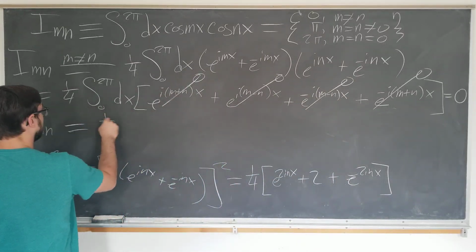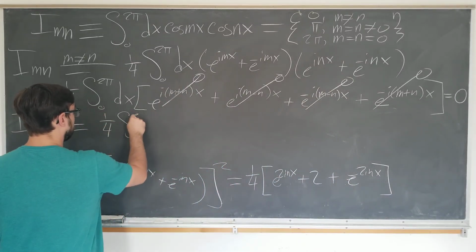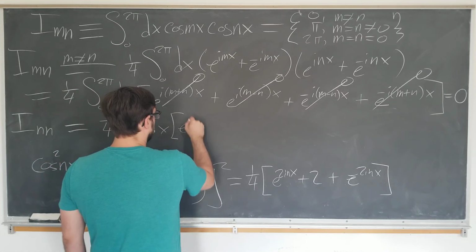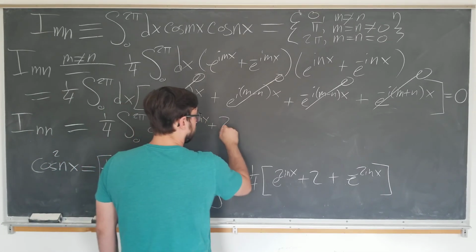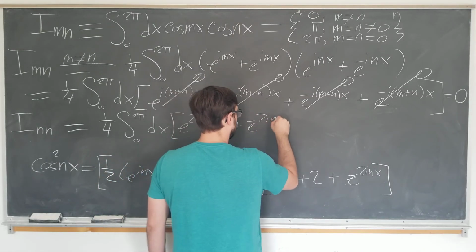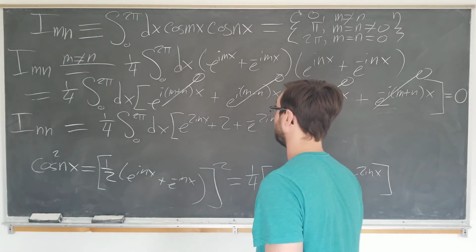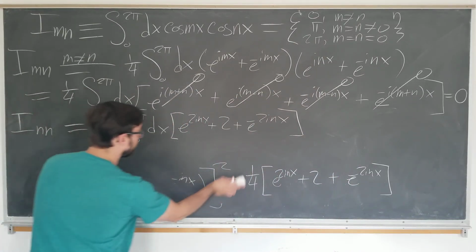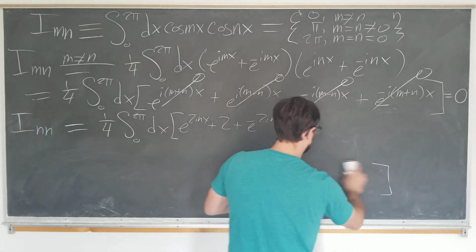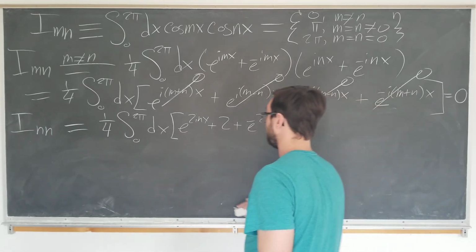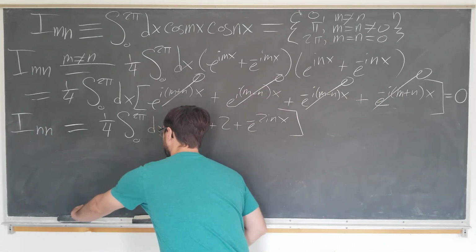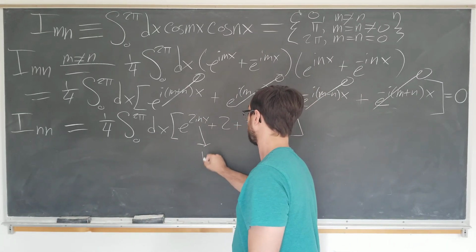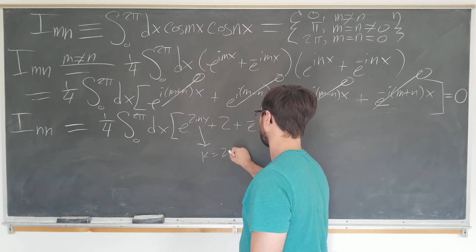It just becomes 1/4 integral 0 to 2 pi with respect to x of e to the 2inx plus 2 plus e to the minus 2inx. And now we have a similar integral as before, so we know what to do. So the first and the last integrals we can see are immediately 0 because we have k being 2n.